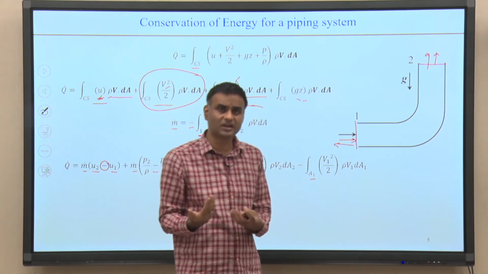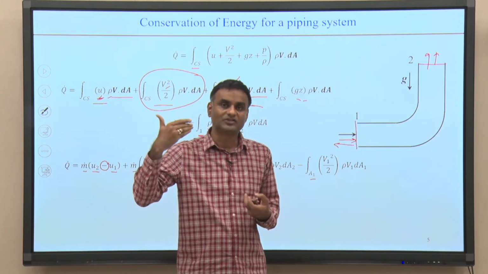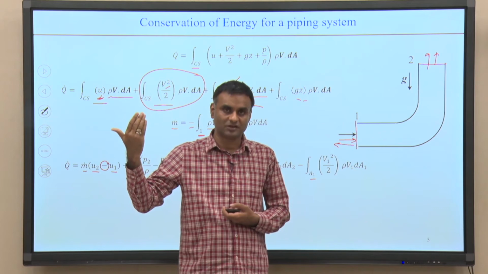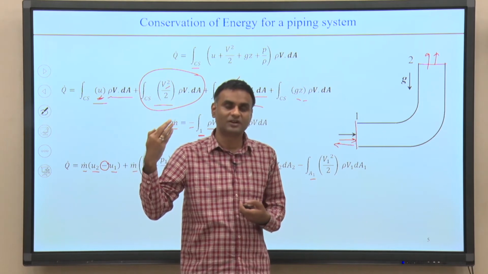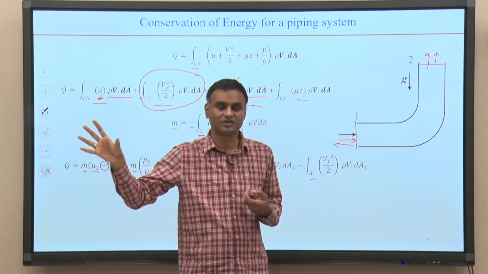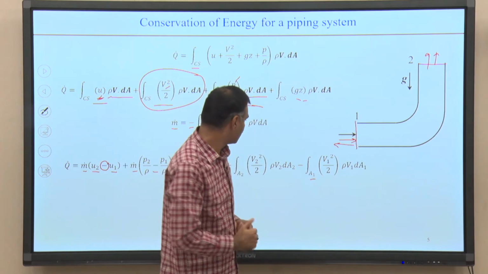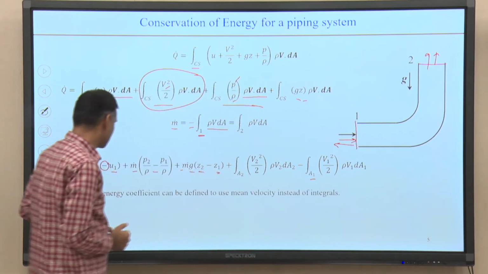However, this becomes inconvenient. So, what we could do is write velocity in terms of mean velocity: the average velocity for turbulent flow and the average velocity in the laminar flow.